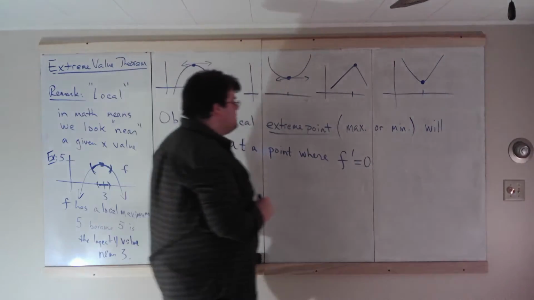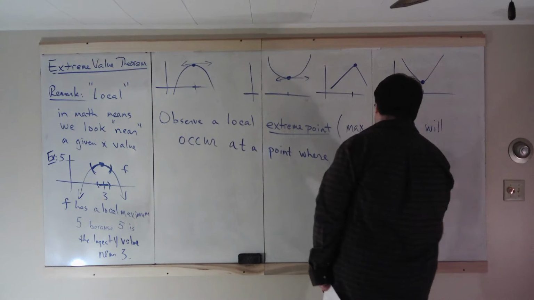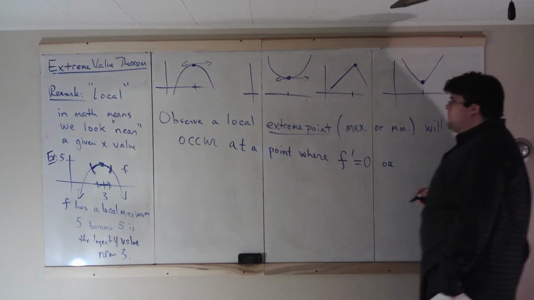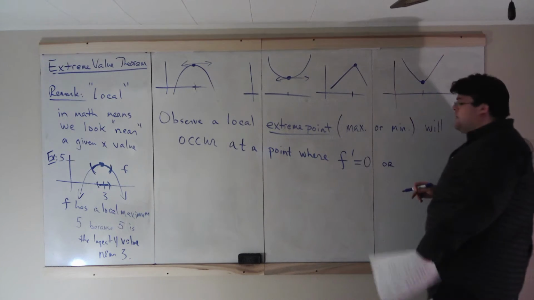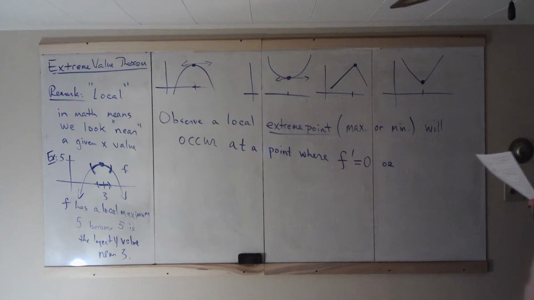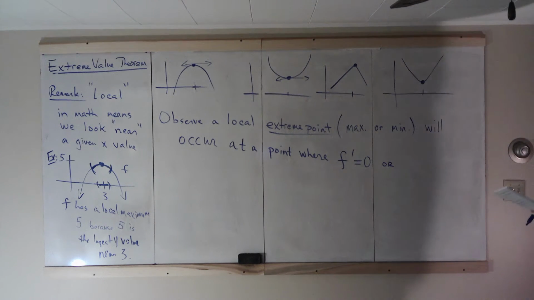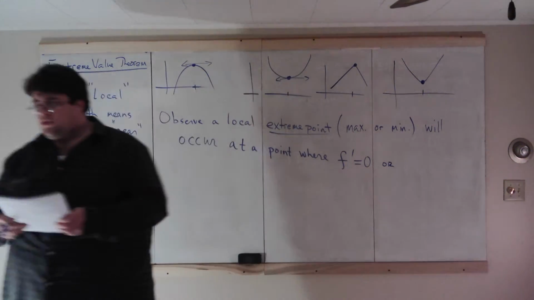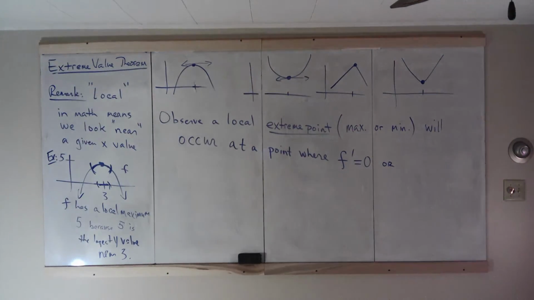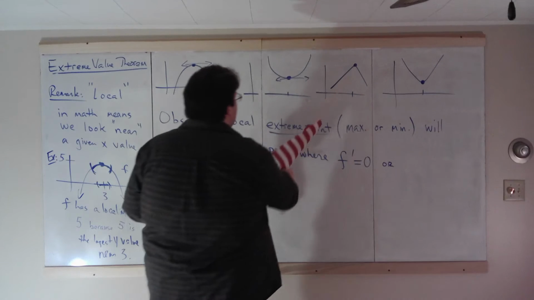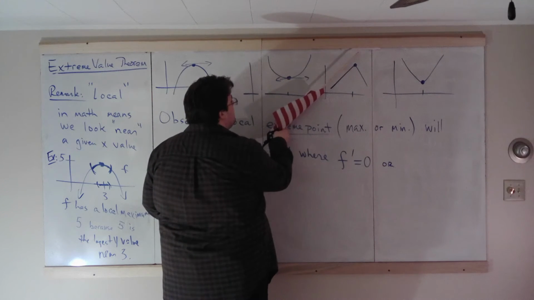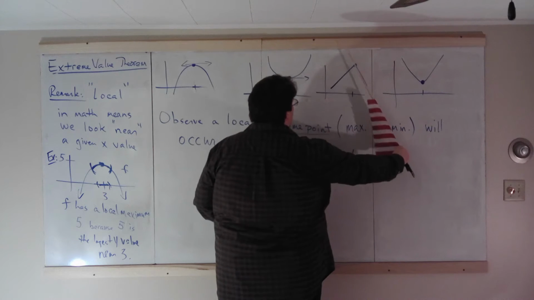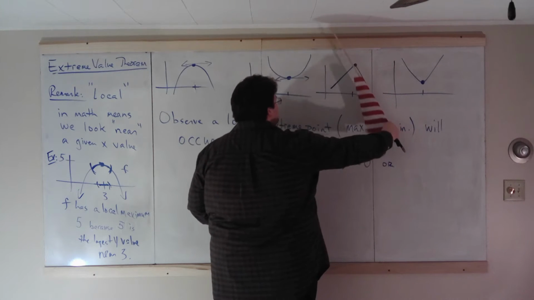What about those other 2? Well, we have a corner point in both cases. Here we have like a top corner point. Here we have a bottom corner point. What do we know about the derivative at corner points? Well, how do slopes of tangent lines change? Well, look at slopes of tangent lines on the left of that point. They're all positive slopes. Slopes of tangent lines on the right of that point. They're all negative slopes.